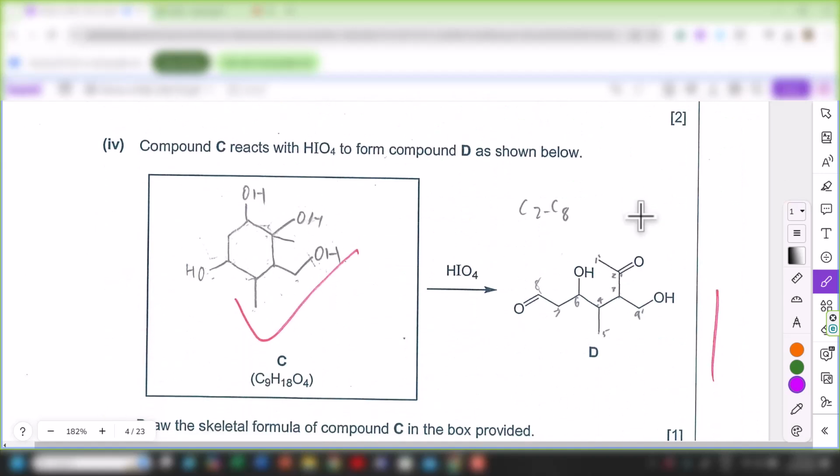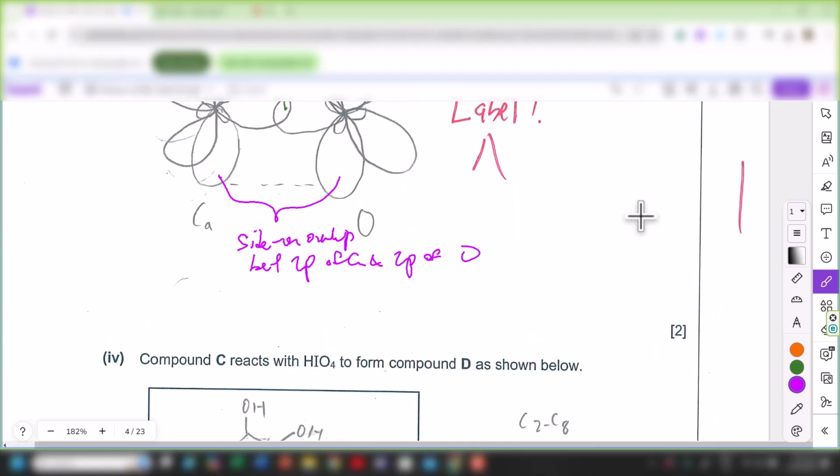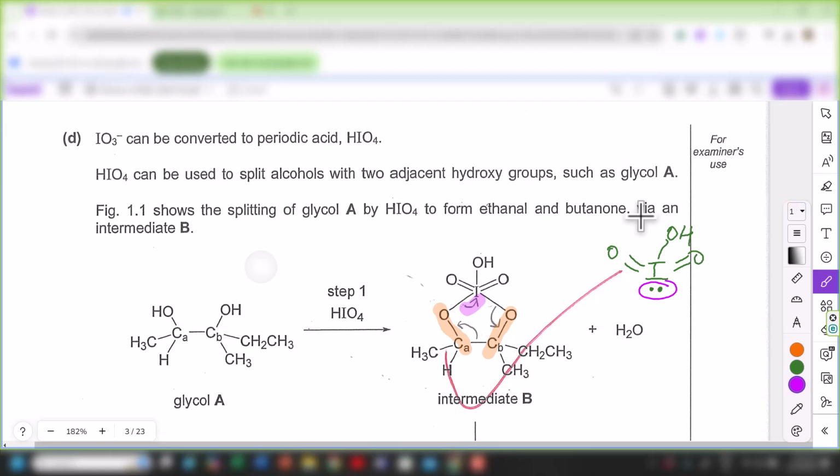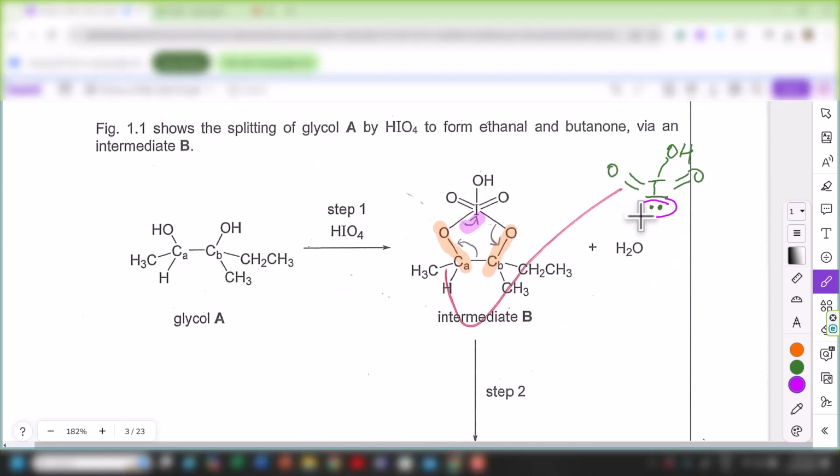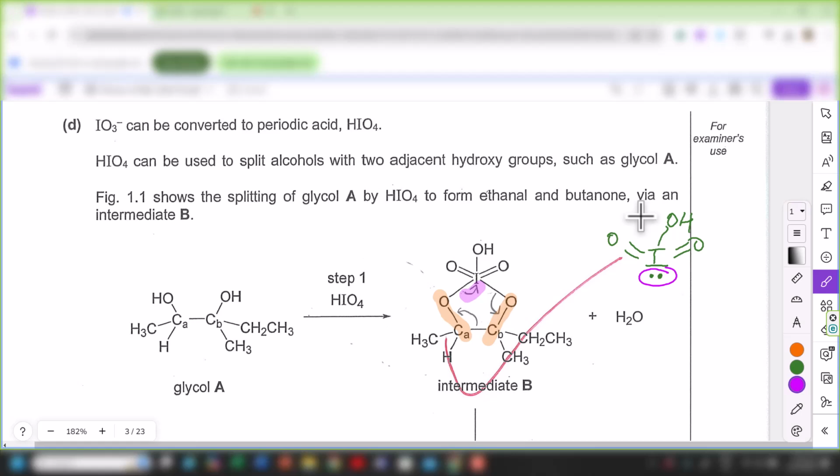Okay. This one, some did, some can do, some cannot do. So again, what is the issue? I think the issue is about pattern recognition. You'll notice that the role of HIO4 is to split alcohol with 2 adjacent hydroxyl groups. I think this is very important.